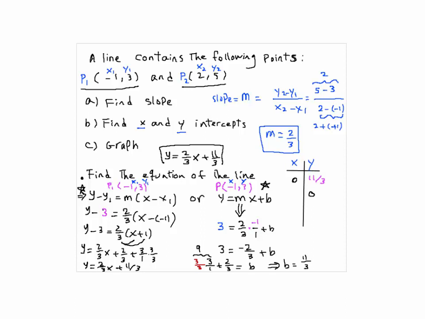Right. So here we get 0 is equal to 2/3 x plus 11/3, right? And just simply solve for x. So what do we get?